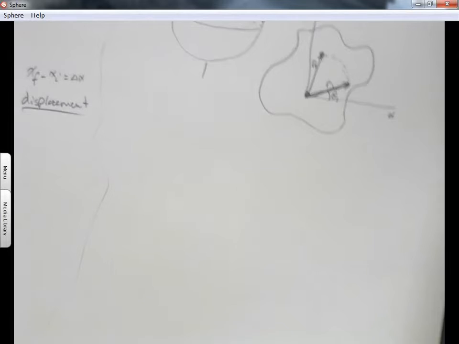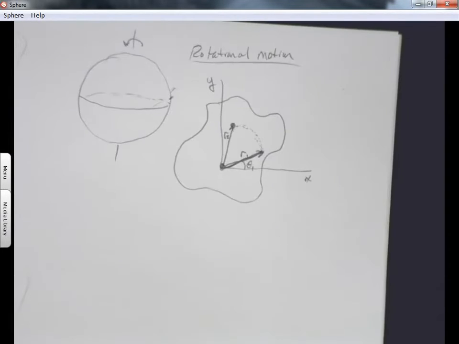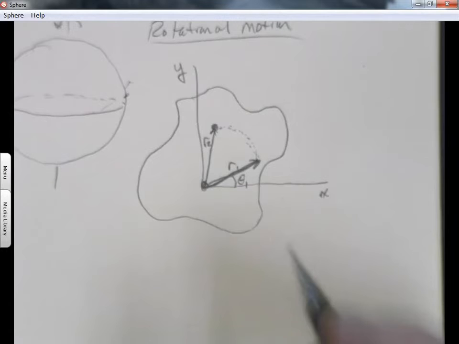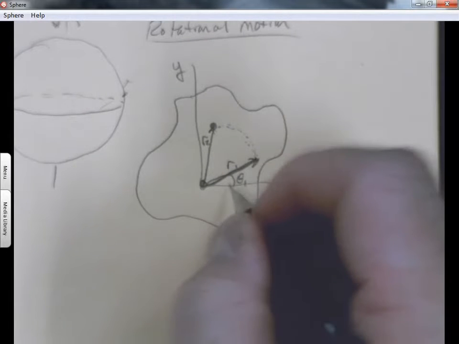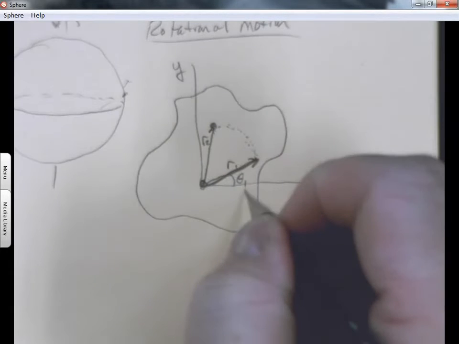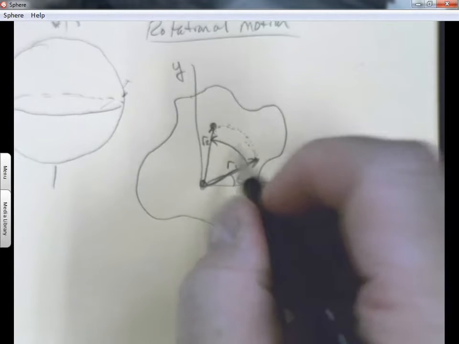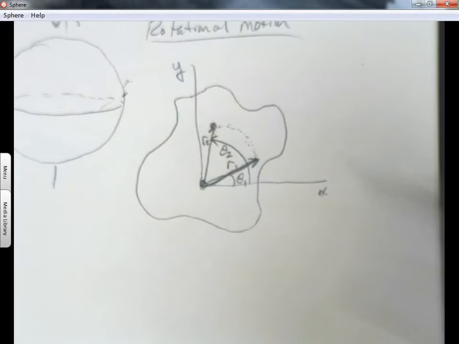Okay, so right down here is theta 1, and if it rotates some more, it winds up here at theta 2.